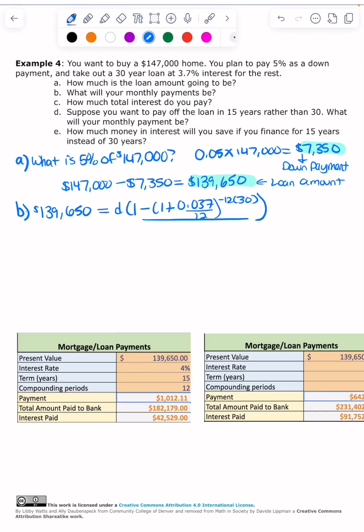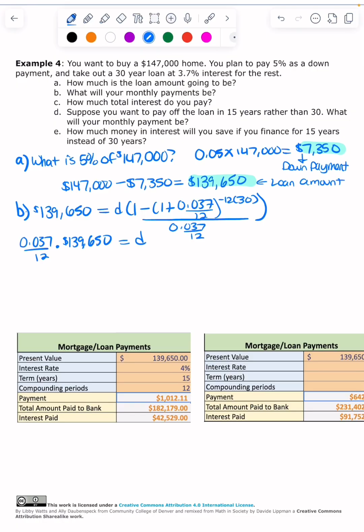All of that over 0.037 over 12. So now that we've seen a couple of these, we know we're going to multiply both sides by 0.037 over 12 and just leave it like that. Don't worry about what it equals.